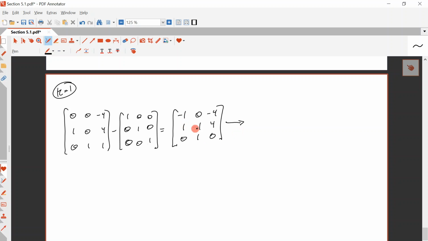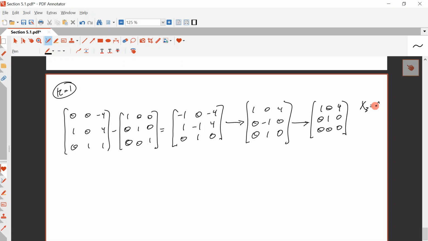Okay, so add this row to that, so I'll negate this. 1, 0, 4, add this row to that, I have 0, minus 1, 0, 0, 1, 0, so we get 1, 0, 4, 0, 1, 0, 0, 0, 0.